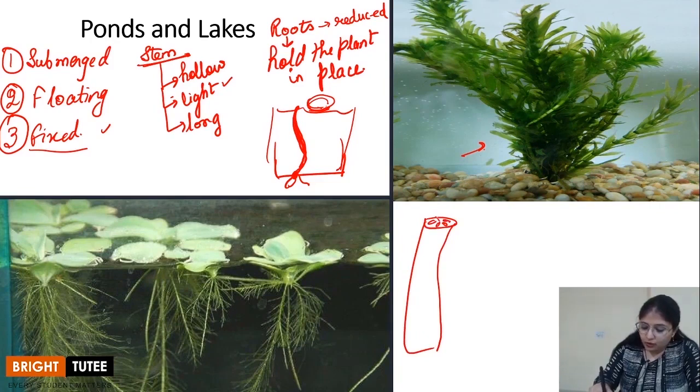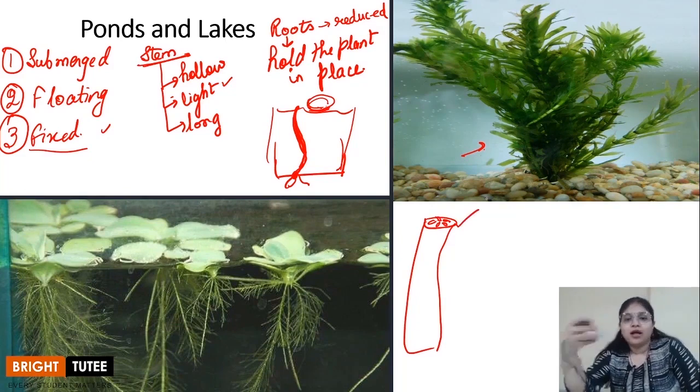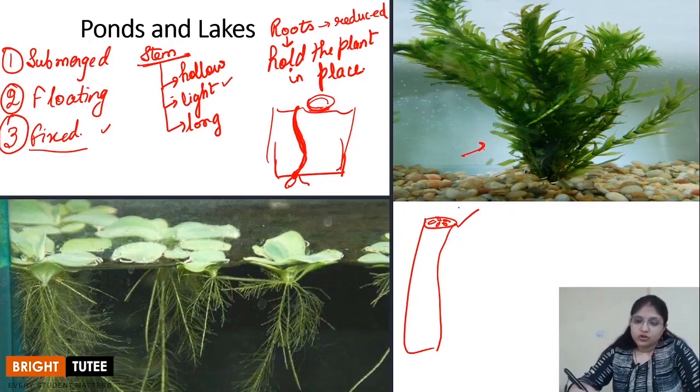Next time, whenever you go to a vegetable vendor, I would suggest that you ask him to give you a kamal kakri, and you just observe the structure. You will find that although it is quite long, it's really light, and it has these hollow structures in it, right?